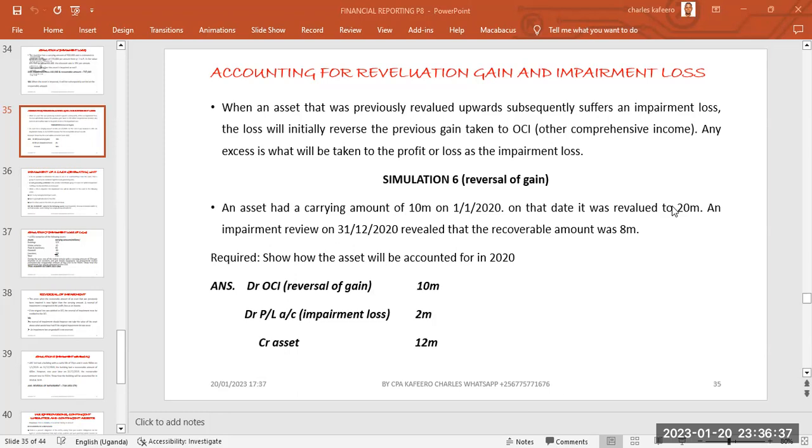So if it was a depreciable asset, you would have to compute the depreciation expense, but that depreciation will be computed on the revalued amount. Since the asset wasn't specified whether it was either land or non-depreciable, we don't need to compute the depreciation from here.